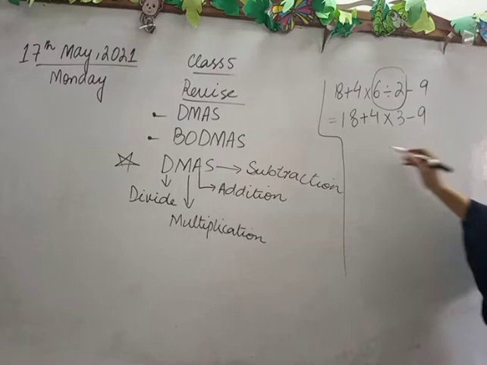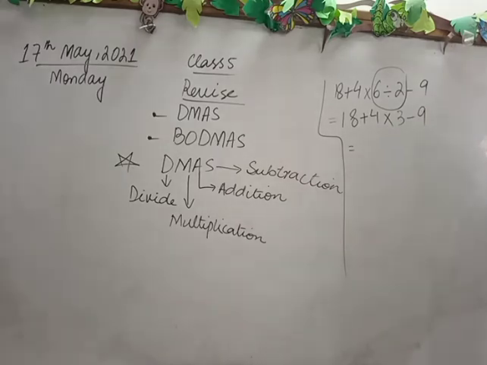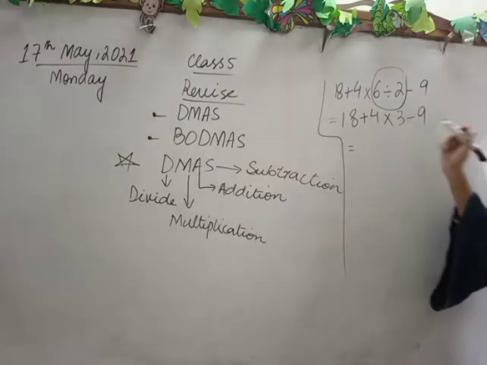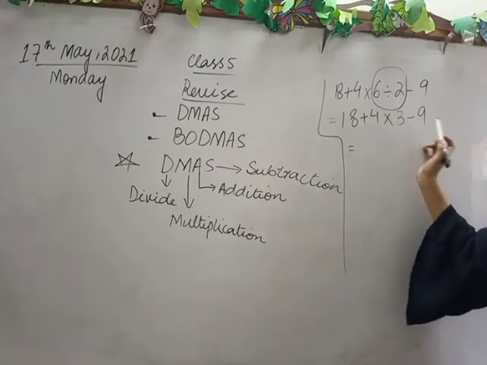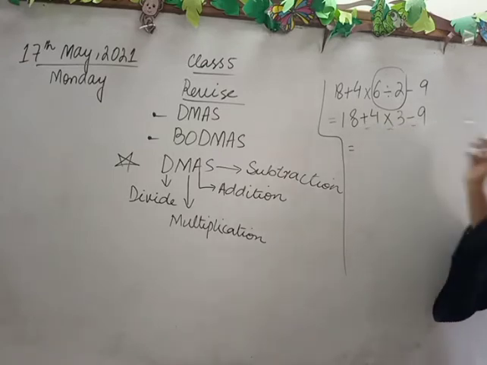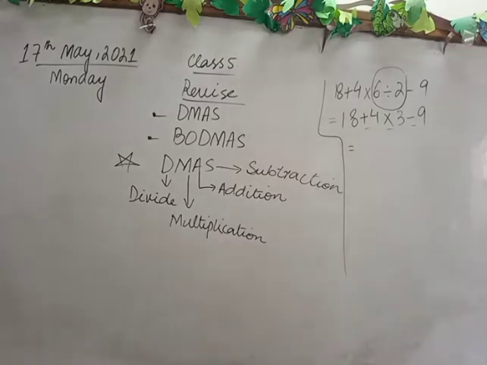Minus. The second operation which is lying between 4 and 3. And the third operation which is minus, which is lying between 3 and 9. Isn't it class? Okay. So according to DMAS rule, we will first solve multiplication.